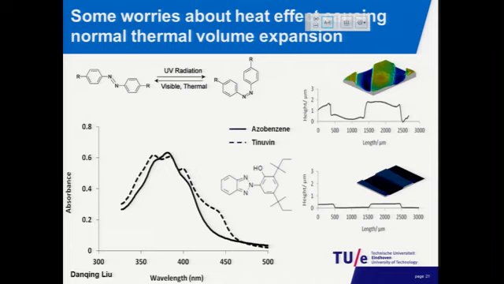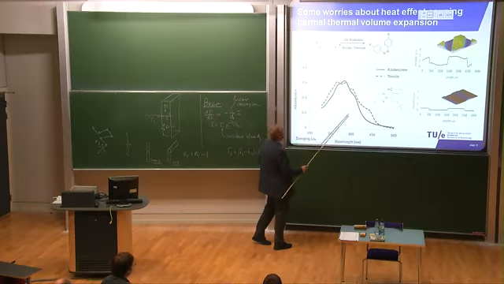Of course, we are always afraid that heat effects might affect our measurements. So we also have to build in some kind of reference experiment: we make samples which are exactly the same in composition, but we exchange the azobenzene for this tinuvin compound. This tinuvin has almost exactly the same absorption behavior as our azobenzene.